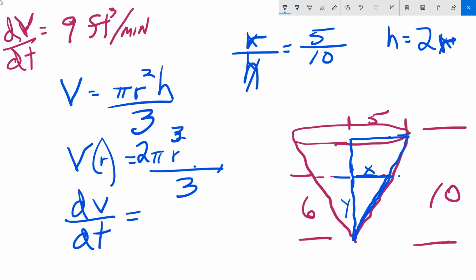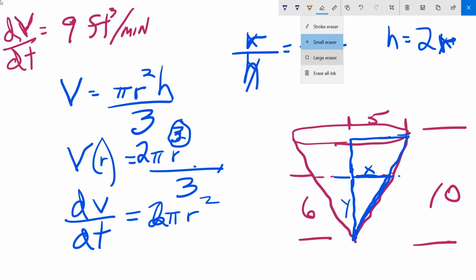Start with the exponent: 3 times, oh that's right, 6 pi r squared, divided by 3 makes that 2. In other words, 6 over 3 is 2.